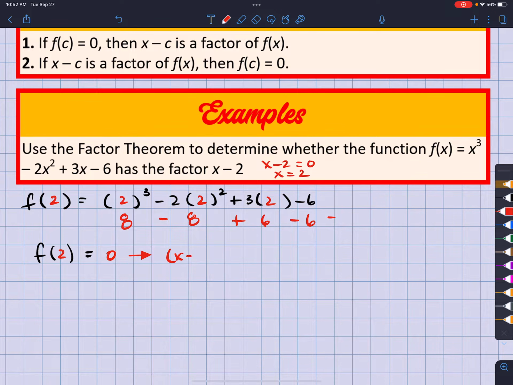That x minus 2 is a factor of f of x equals x to the third minus 2x squared plus 3x minus 6, okay?